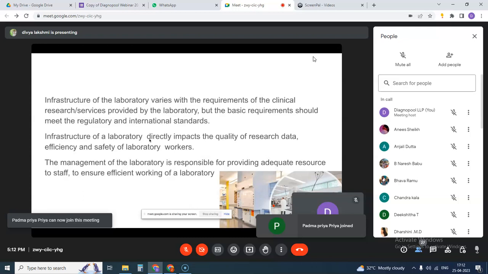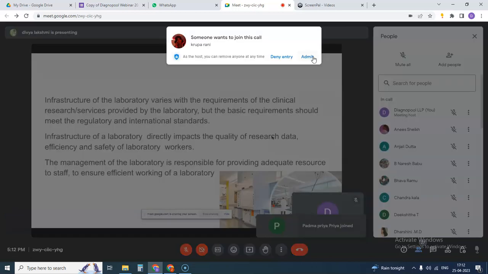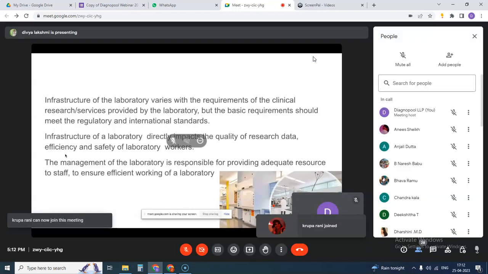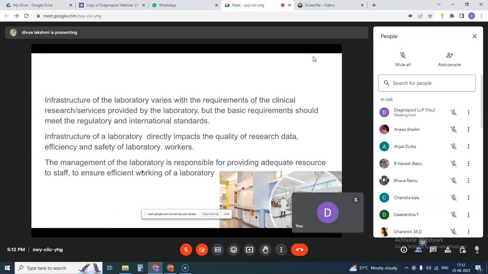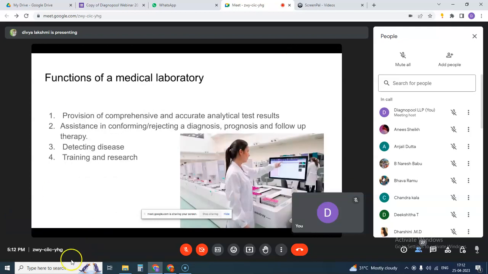Infrastructure of the laboratory will directly impact the quality of the research data, efficiency, and the safety of laboratory workers. The management of the laboratory is responsible for providing adequate resources to the staff to ensure efficient working in the laboratory. So coming to the functions of a medical laboratory, I'm sure everybody will be aware: confirming or rejecting a diagnosis which is already made.